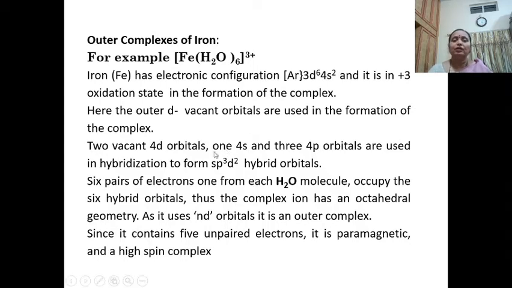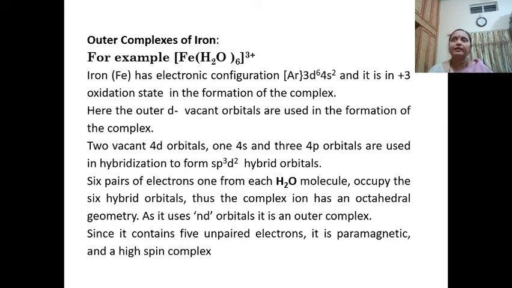So it uses 2 of the 5 4d orbitals, 1 4s and 3 4p orbitals are used in the formation of the hybrid orbitals. So in the formation of hexaaqua iron 3 complex, the iron atom uses sp3d2, that is, it uses 1 4s, 3 4p and 2 4d orbitals, undergoes sp3d2 hybridization, and the 6 hybrid orbitals formed are going to be oriented in the octahedral geometry.